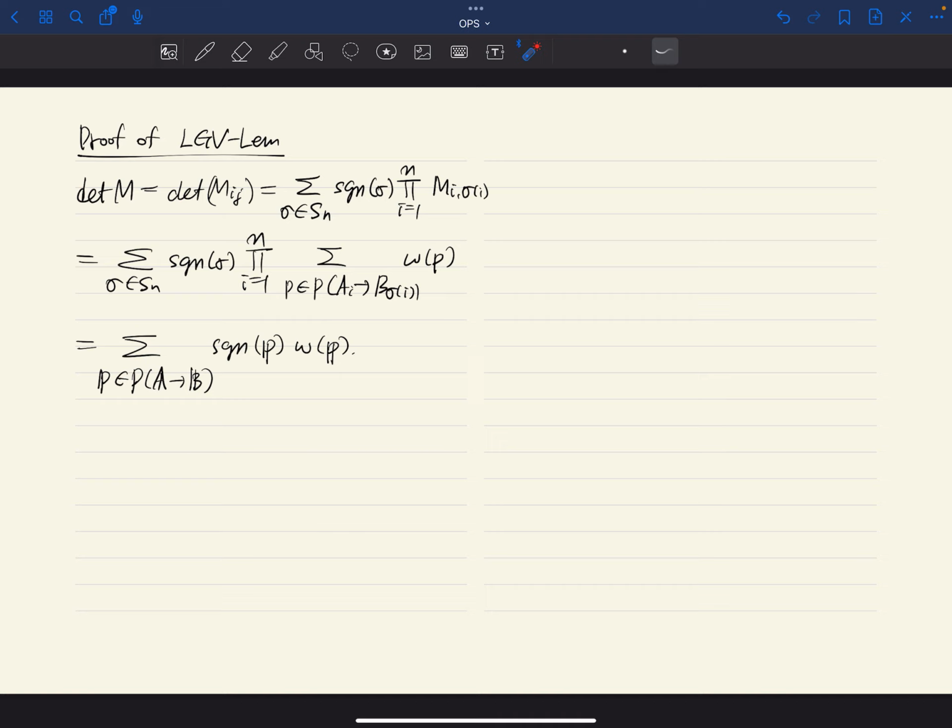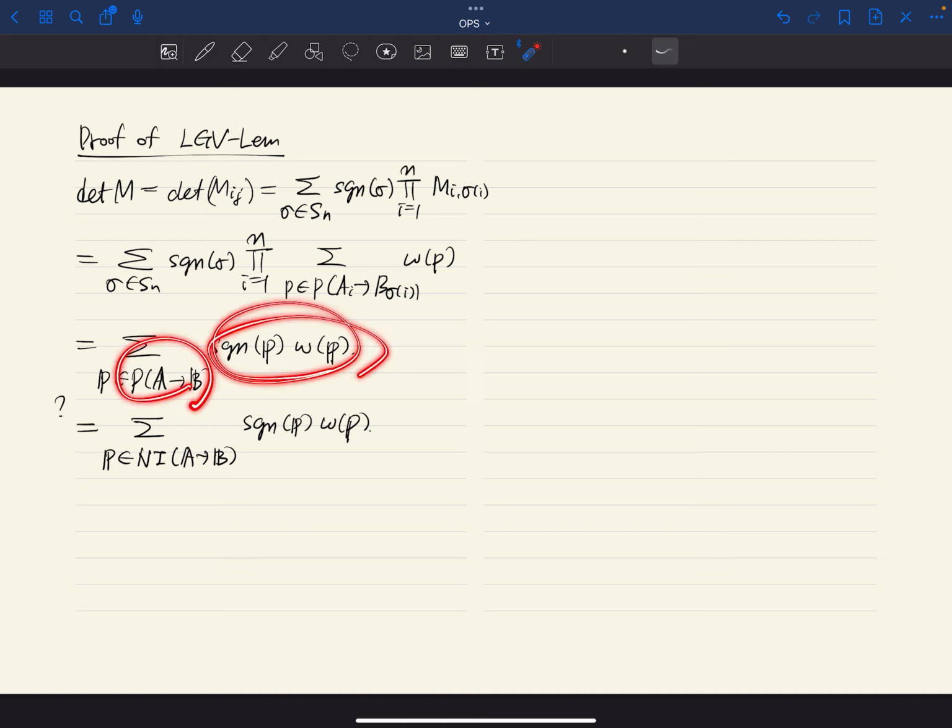So what do we want to do? We want to show that this is equal to the sum over non-intersecting paths, the same thing. This is what we want to show. So this is a bigger set. We add all of these for the bigger set, but we want to show that it is enough to consider only the smaller set.